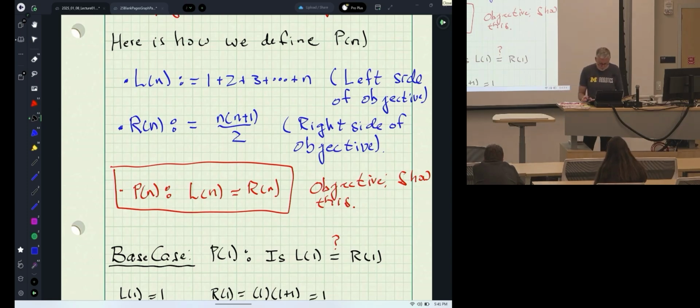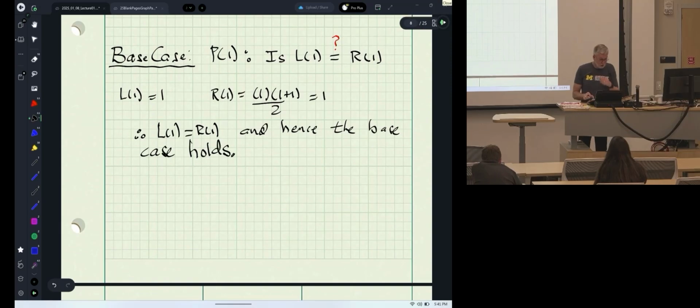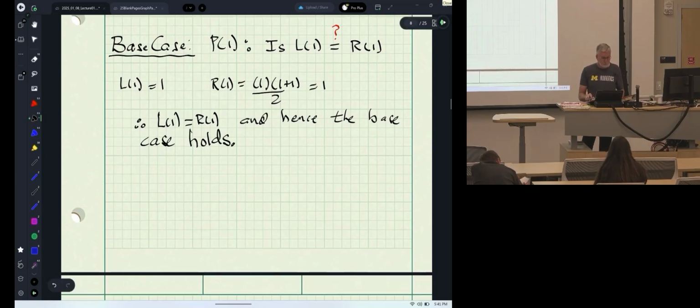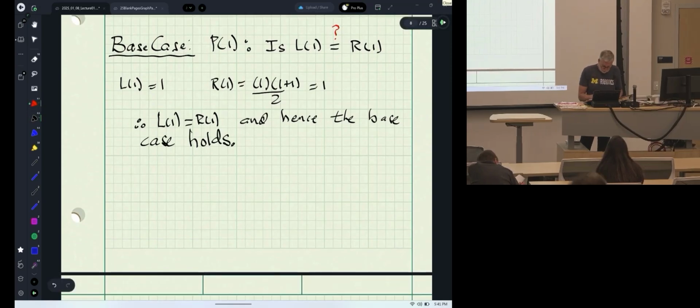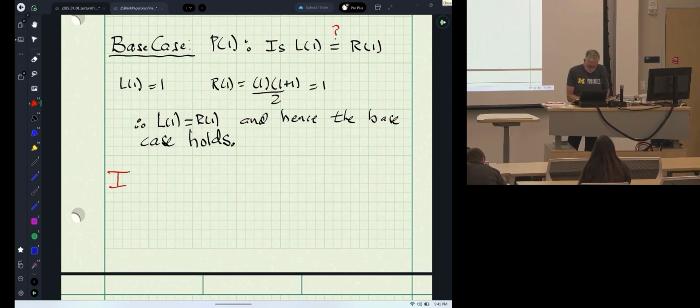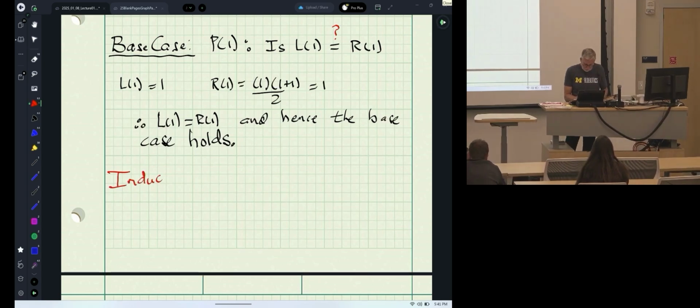Induction says you start with the base case, but you're free to check a few others. Now, this is the crucial part, the induction step.